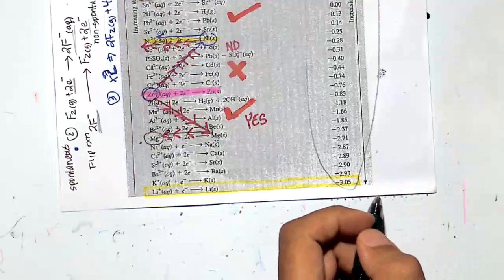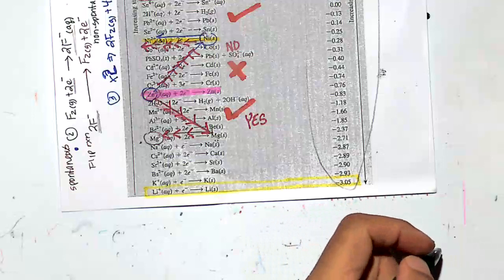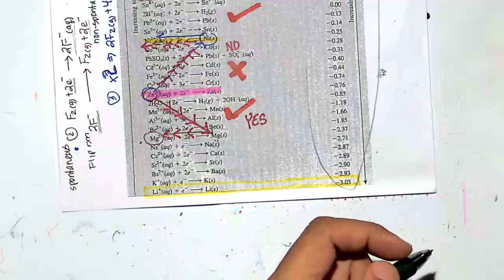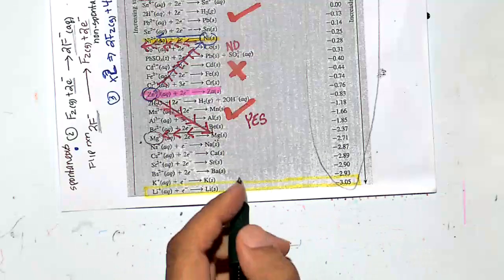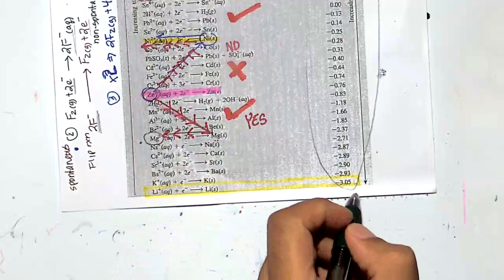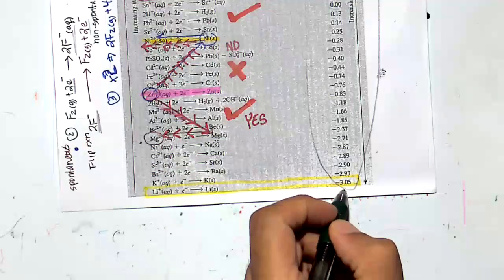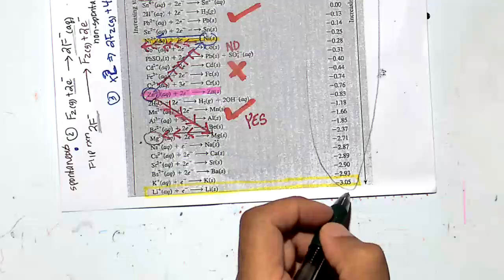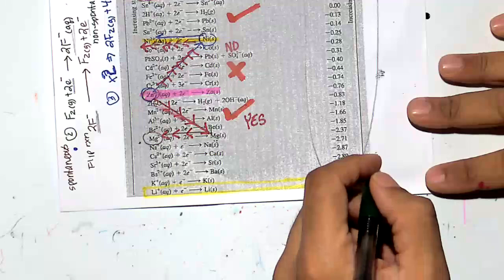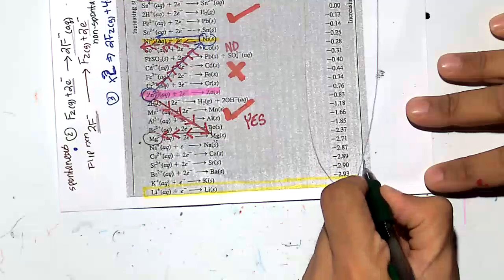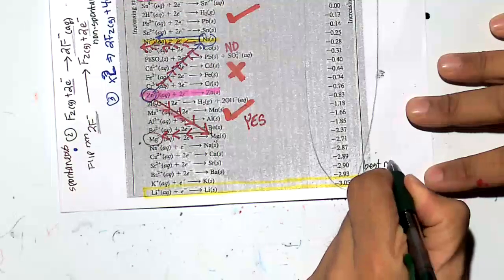Okay, it has the greatest tendency to become oxidized and very good at reducing you, me, everybody. Itself getting oxidized, because remember, oxidation will yield 3.05 volts of potential. So this is the best reducing agent.